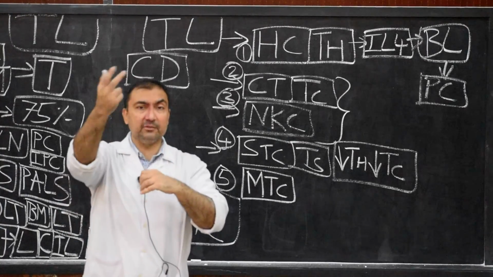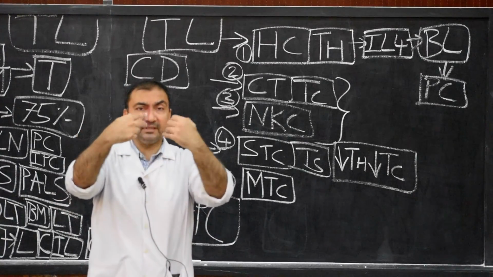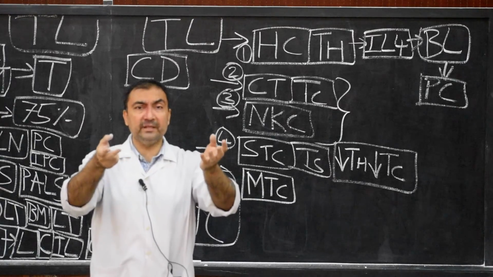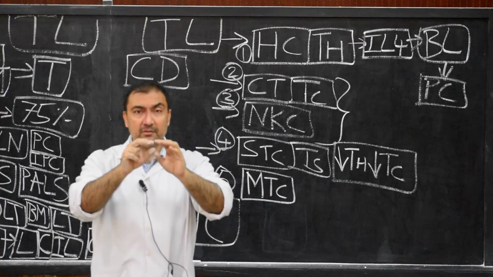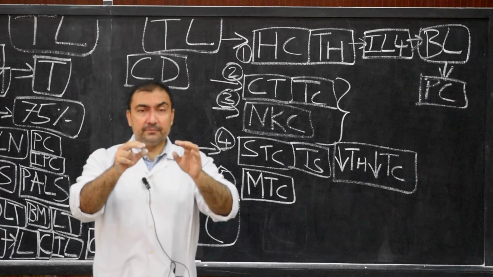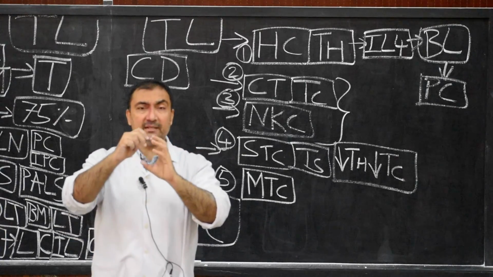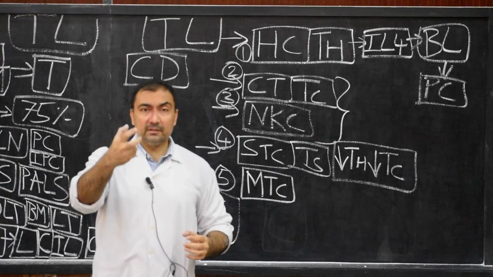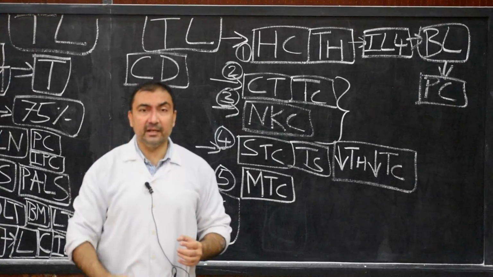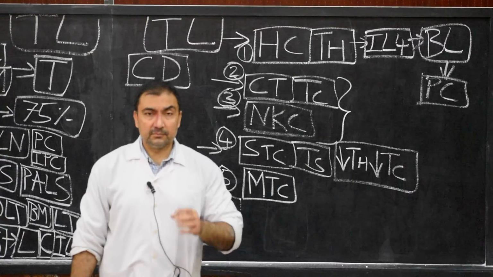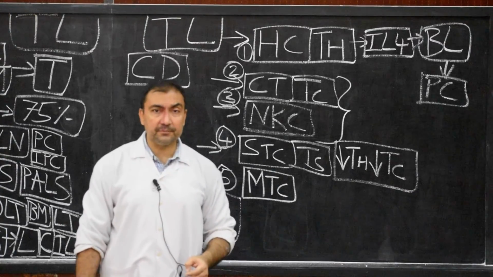Then those products will be secreted on the cell surface along with certain molecules which are called MHC, major histocompatibility complex. They will combine with them and then present it to the various antibodies. These types of cells are called antigen presenting cells.